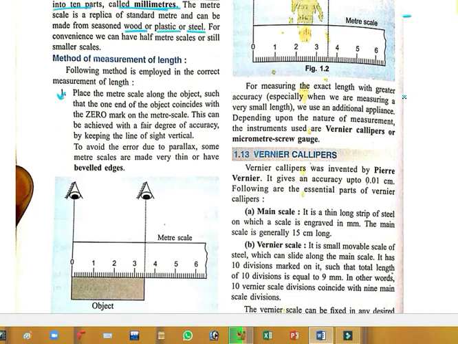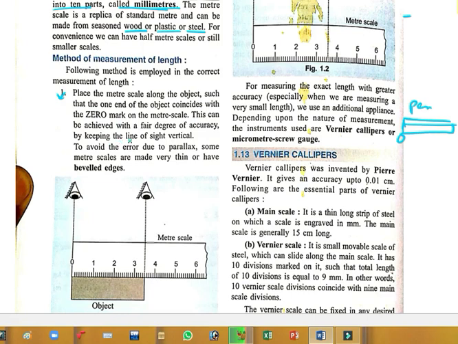Number one: place the meter scale along the object such that one end of the object coincides with the 0. Suppose we are measuring a pen, so this is a pen, so we will put the 0 mark of the scale here. And after that we can find the measurement.